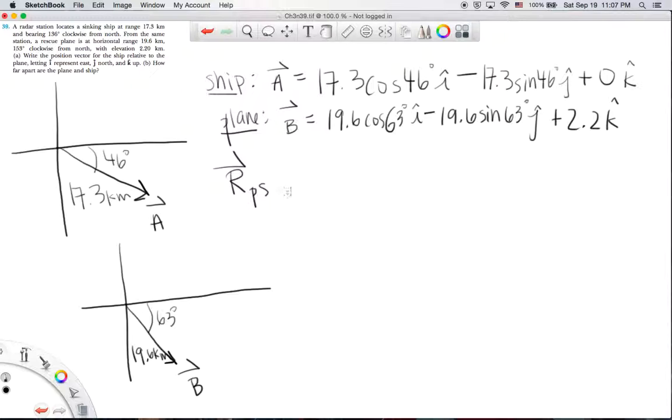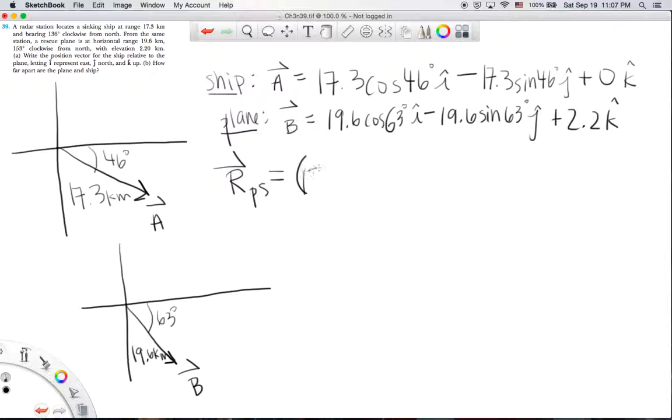So when you have a vector that has an initial point and a terminal point, to find that resultant vector, you subtract the initial point from the terminal point. So in this case, we'll be doing the ship components minus the plane components, because the ship is the terminal point and the plane is the initial.